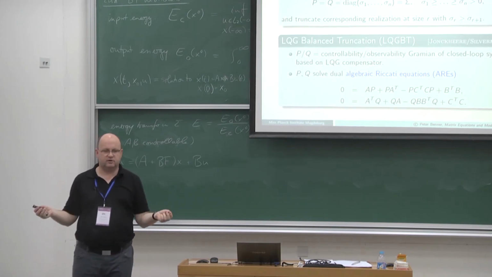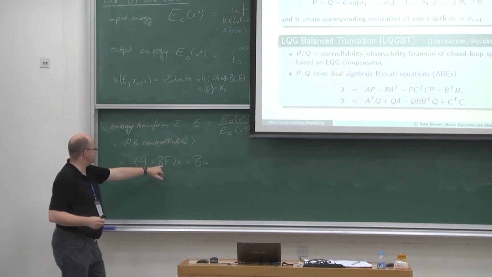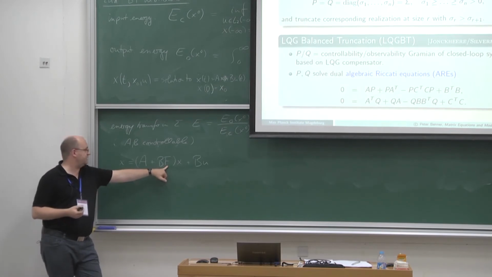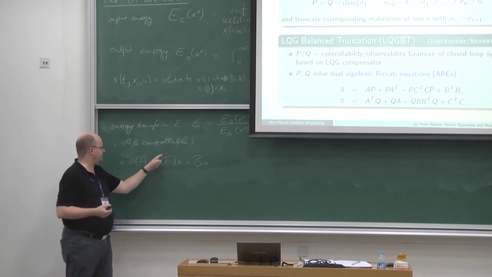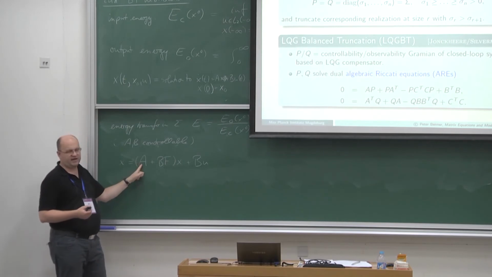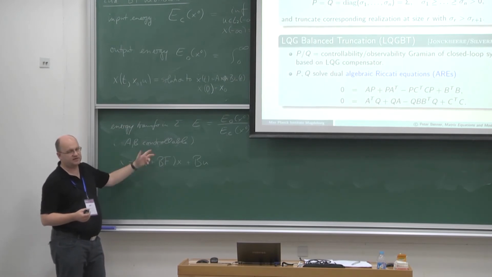Then you can also do model reduction for unstable systems, because we know from control theory that feedback using the LQR design, the linear quadratic regulator, stabilizes the system. So that particular F here makes this matrix stable if A was unstable. And the same is then true for the dual equation. And then you can apply classical balanced truncation.